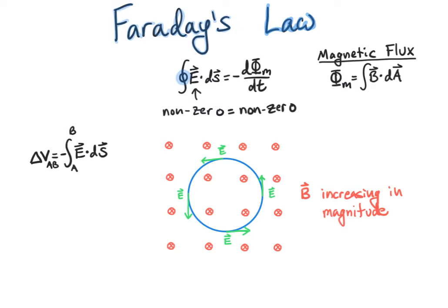This is very similar to the left-hand side of our Faraday's law equation. The only two differences are for the equation for potential, we have this extra negative sign, and Faraday's law specifies that this must be an integral over a closed loop, whereas the path for our definition of a potential difference can be any path.